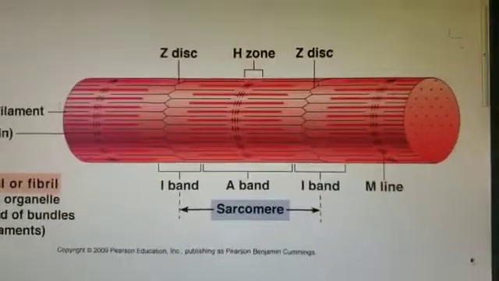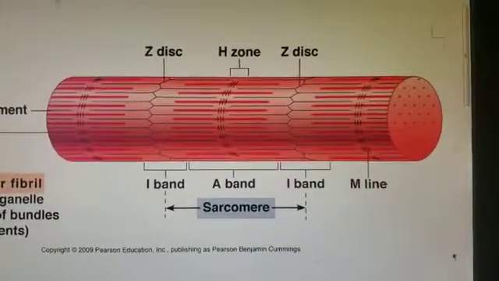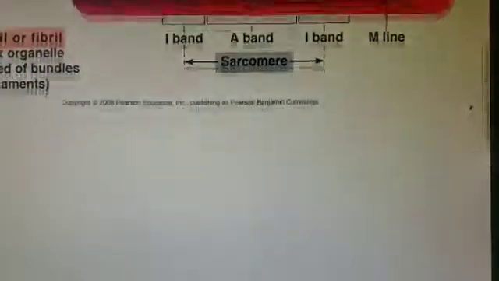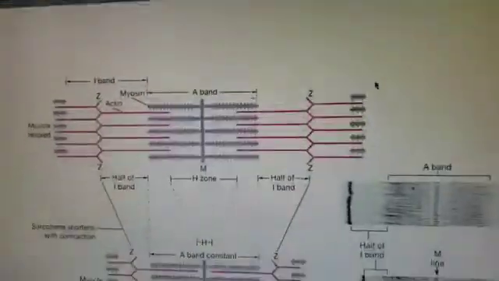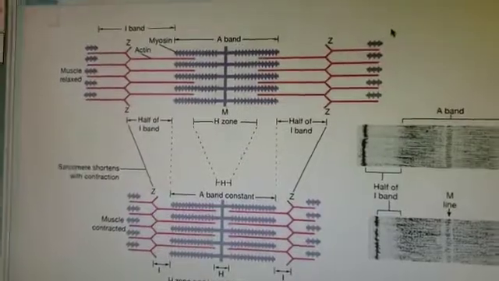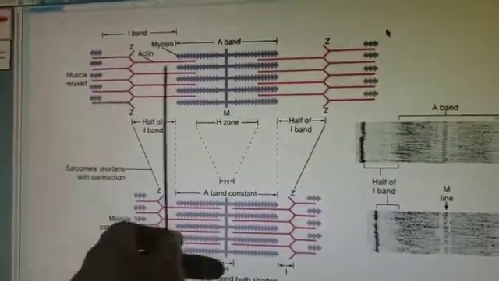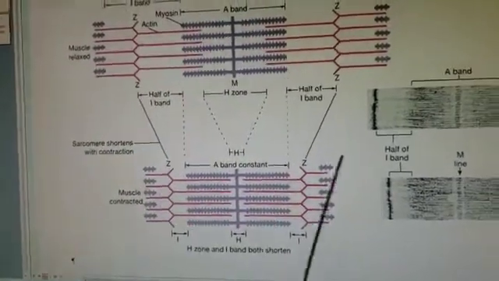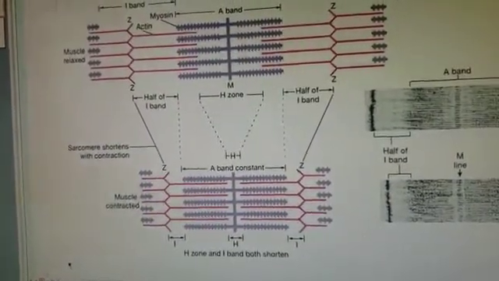Now, let's check what happens when a muscle contracts and relaxes. And here we see the difference. This is relaxed, a muscle is relaxed, and then when it contracts, this is the difference.